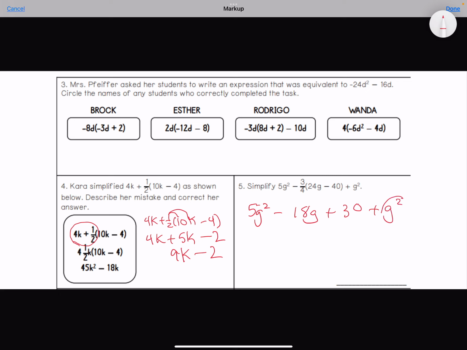So now we're going to combine like terms, and this is how one of my classes decided to think about it. The squared terms come first, so I'm going to put them together first. Those are my 8th graders. And then I have my 7th graders, and then we have our 6th graders. So that is that part.